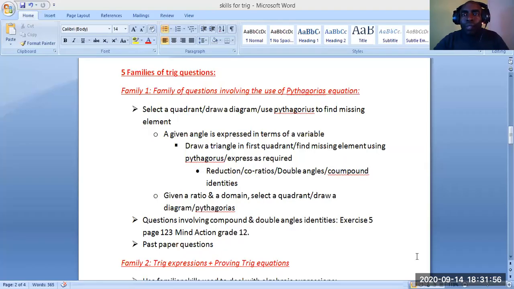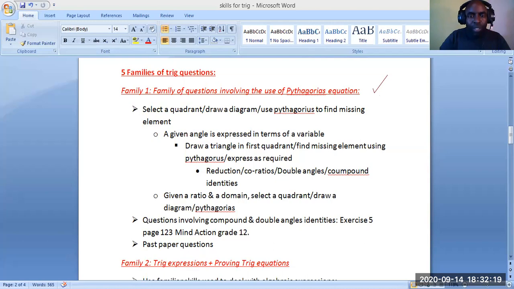The first family, I'm sure you are able to see my screen, deals with the questions that require the use of Pythagoras. We have Pythagorean-based questions, which I have already spoken about.